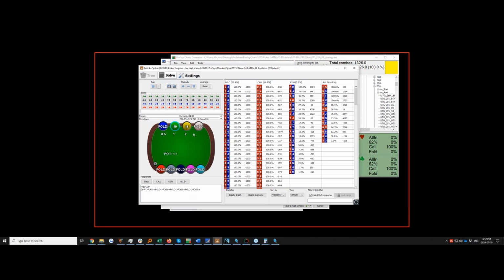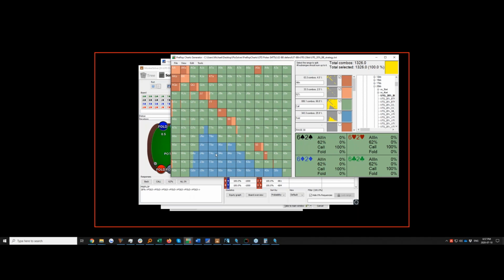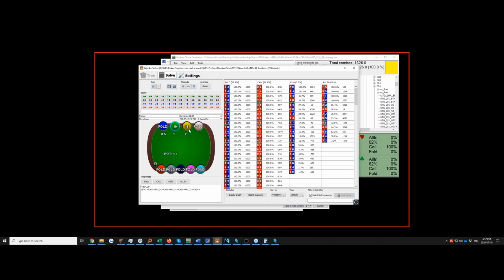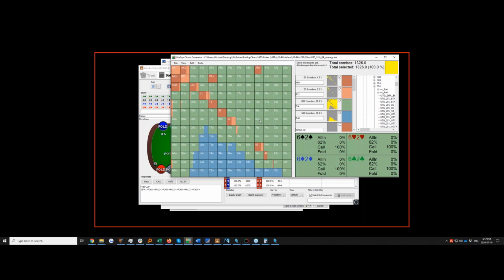Well, if the under the gun player is opening a regular range, you can actually defend any two cards. You can defend anything. So if the player raising under the gun is opening his standard GTO range, you can defend any two cards because now he will not be able to effectively bluff.